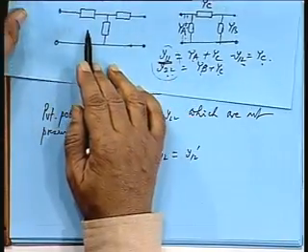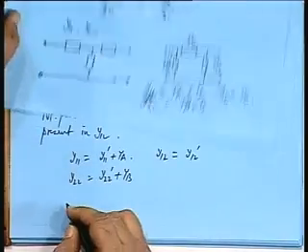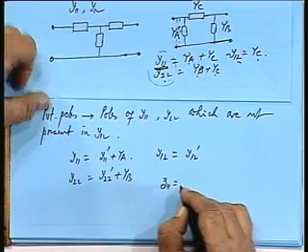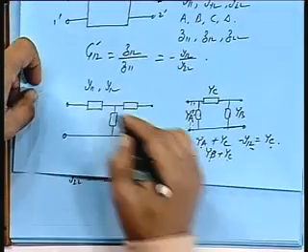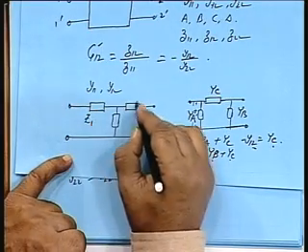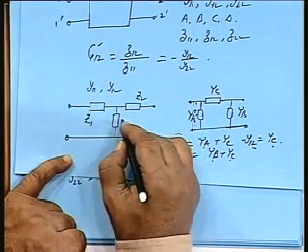Similarly, for the Z elements, suppose I call these Z1, Z2 and say Z3.